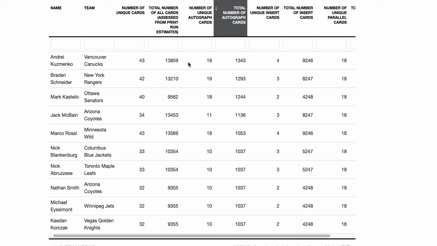Now I do want to mention that the highly anticipated autographs are not numbered in the checklist, but I did a bunch of calculations and tried to figure out how many cases they're going to produce of this, a rough estimate. And I know that those highly anticipated come 1 in every 70 packs. So what I did was I figured out how many cases there's going to be, and multiplied that by the number of packs there would be.